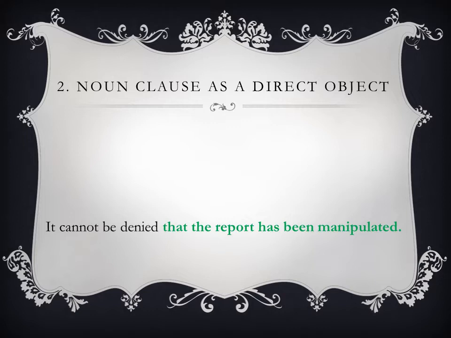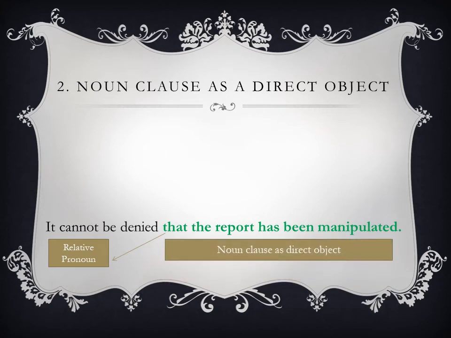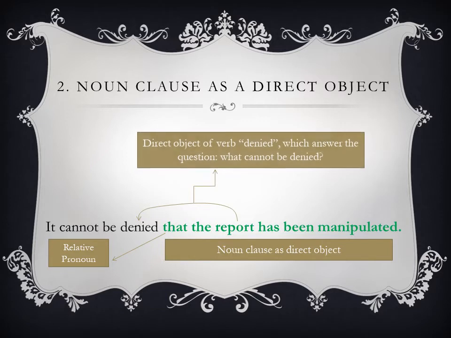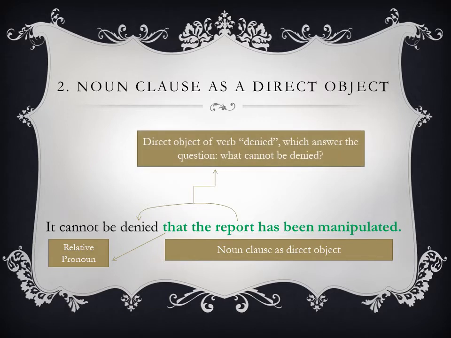Here we find the word that as the relative pronoun, giving the signal of the noun clause as a direct object for the verb denied, which answers the question what cannot be denied. So the clause that the report has been manipulated is the direct object for the verb denied.